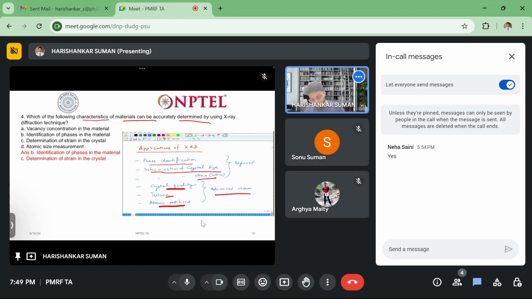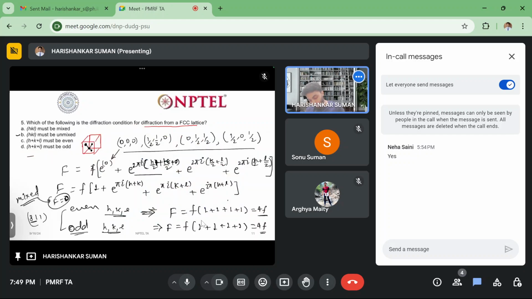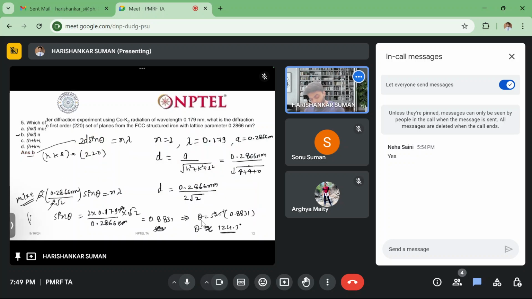We can do phase identification, determination of crystal size and strain, crystal quality, texture and atomic position. Then here we calculate the structure factor for FCC, and the condition is HKL must be unmixed for diffraction to be present. Then theta is calculated for the FCC structure.